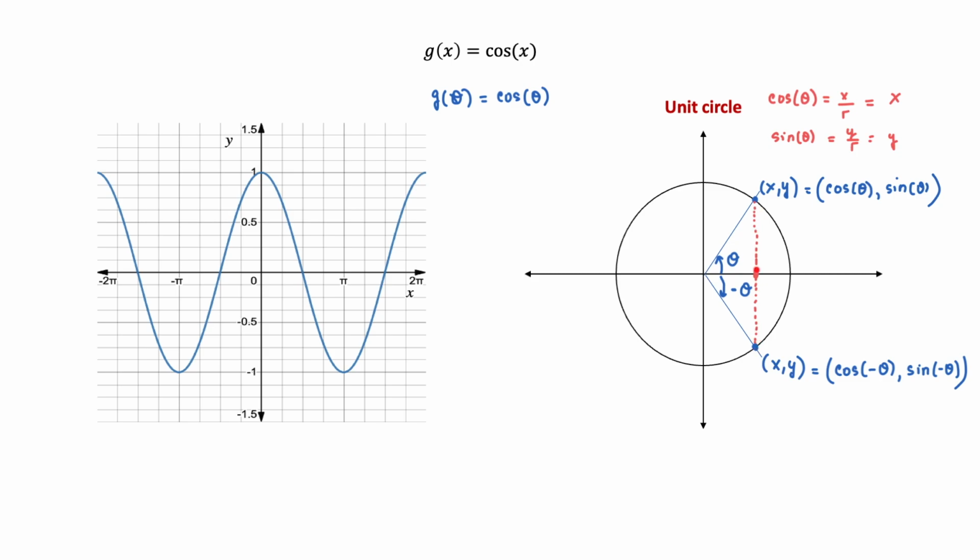They fall exactly at the same location, which really says that cosine theta is equal to cosine of negative theta. So this cosine theta right here is identical to cosine of negative theta. So cosine is an even function.